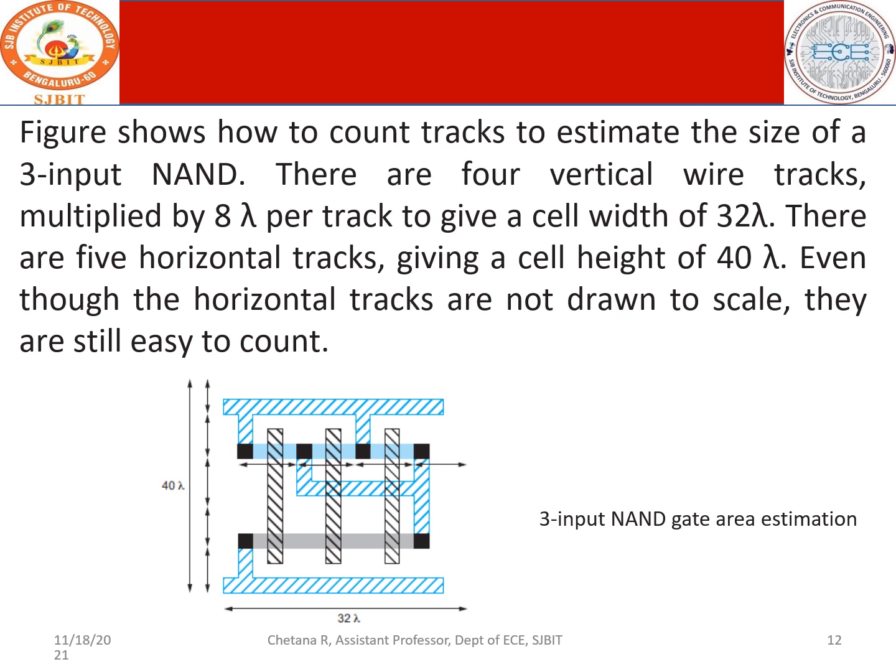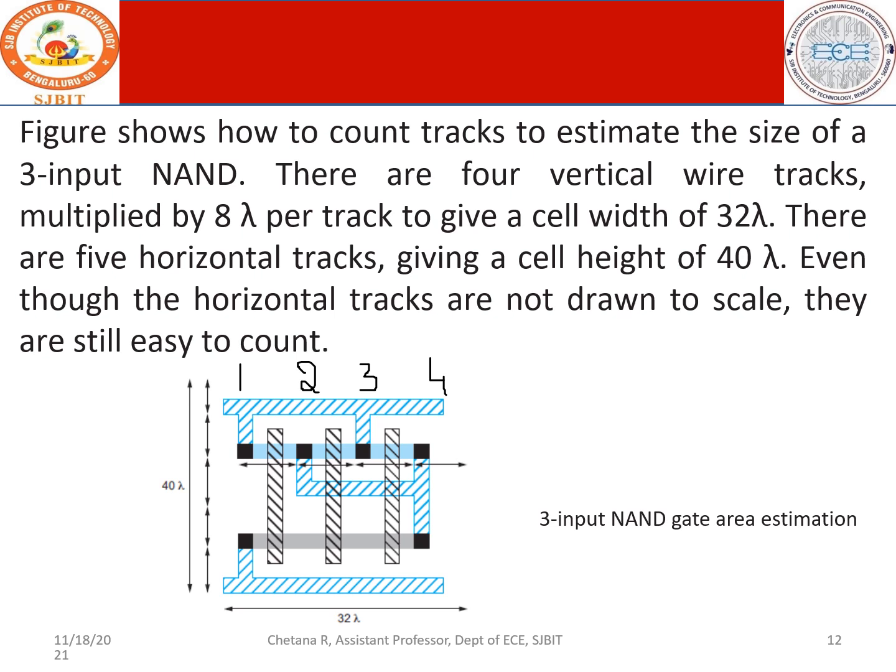Also you can see there are 4 vertical wire tracks. Let me show you by drawing. This is 1, this is 2 metal track, this is 3, and this is 4. So you have 4 vertical wire tracks, and when it is wire you have to multiply by 8 lambda.